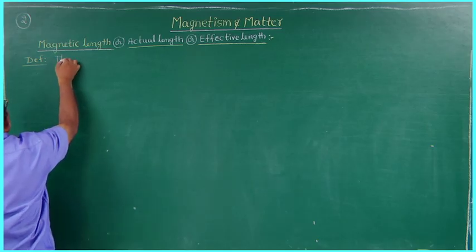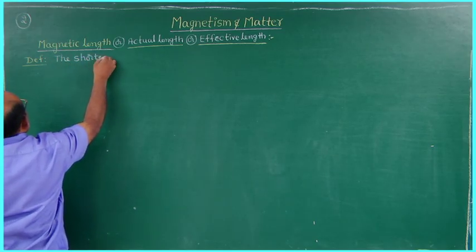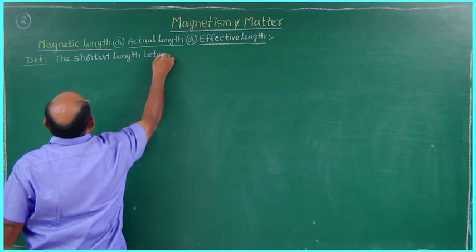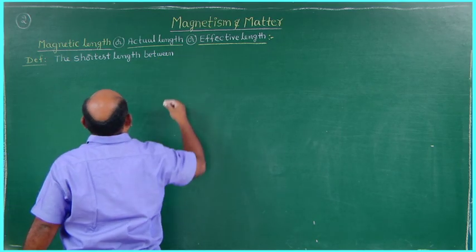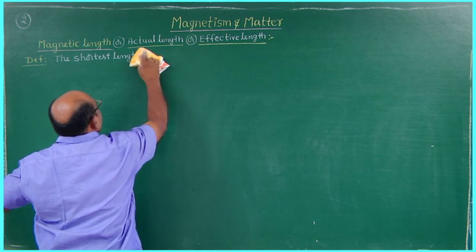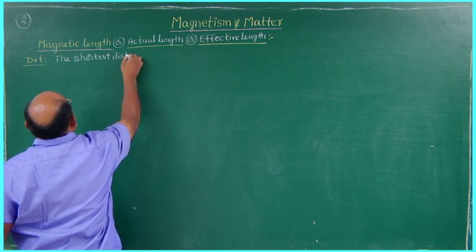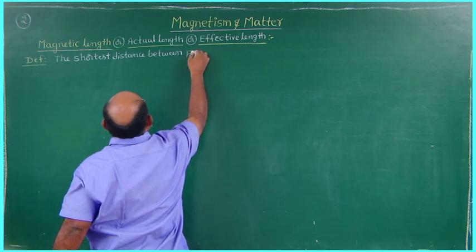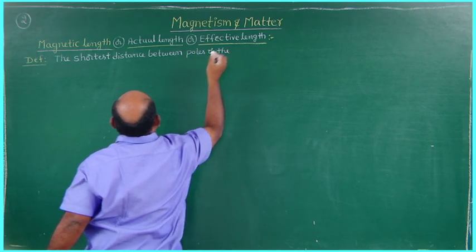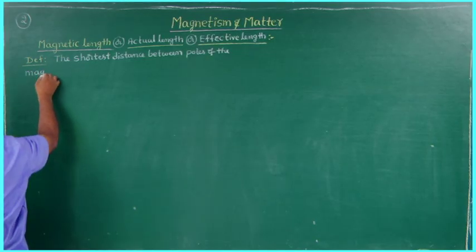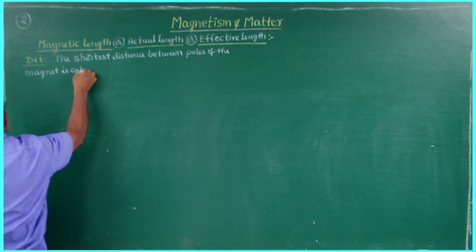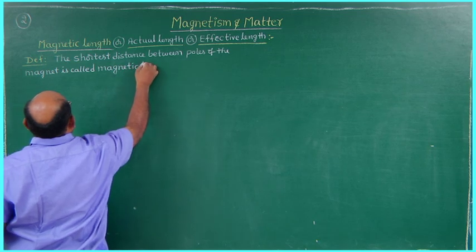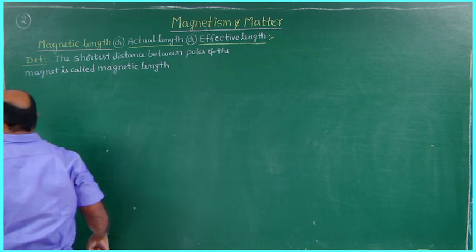The shortest distance between the poles of the magnet is called magnetic length.